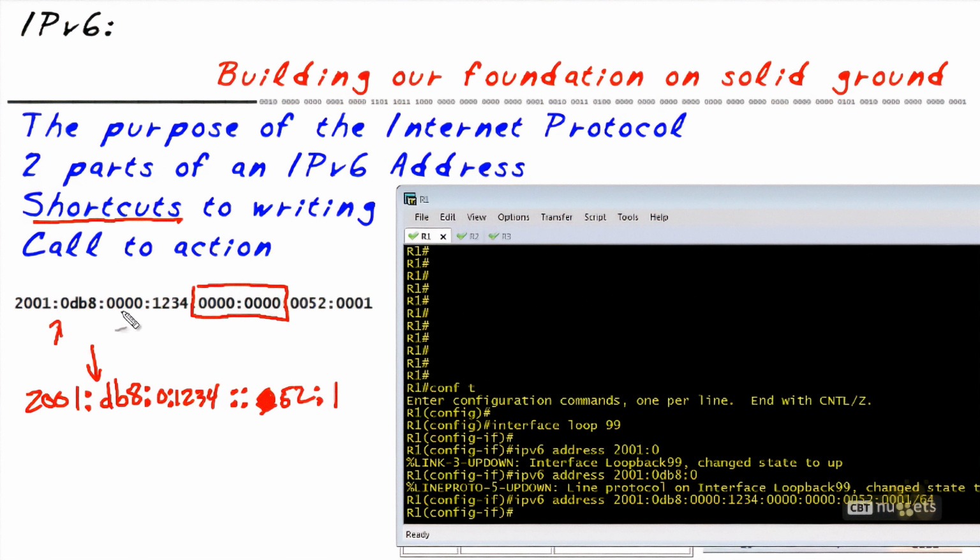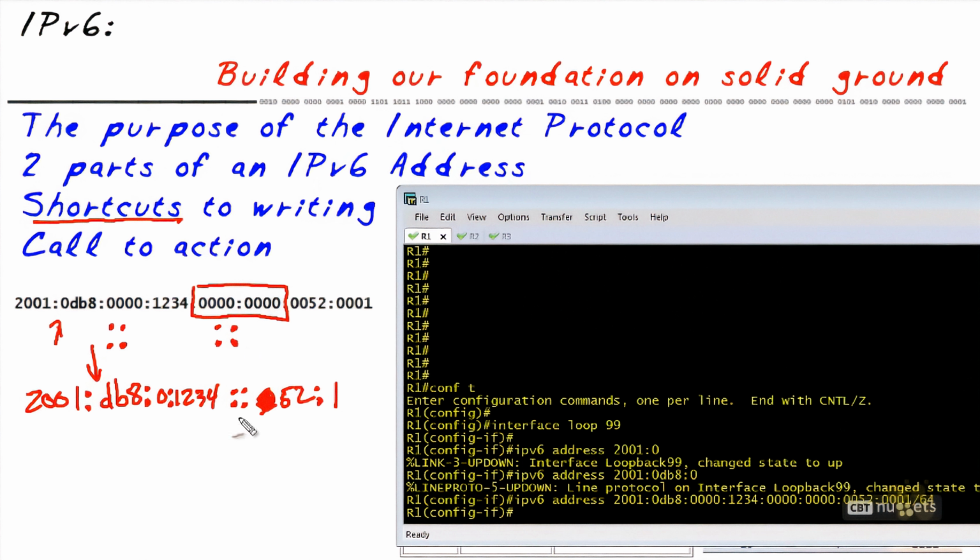And now here, some people said, well, Keith, if you can put 2 colons to represent groups of consecutive zeros, how come you didn't do colon, colon here? Because if I did this here and that there, the operating system would not know how many groups of zeros were at each place. See, here's how it works. The system knows there's 8 groups of 16 bits.